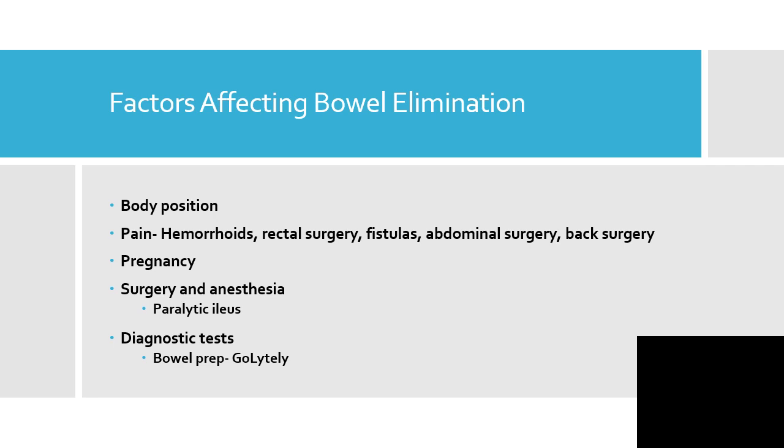The anesthesia slows everything down, and then patients kind of get a large amount of air trapped in their colon, or if they haven't had a good bowel cleanse prior to surgery, there's trapped waste, and this can become a big issue. There are also diagnostic tests. If someone's given a lot of bowel prep, maybe go lightly before colonoscopy. This is certainly going to increase their elimination pattern from what it would be normally.